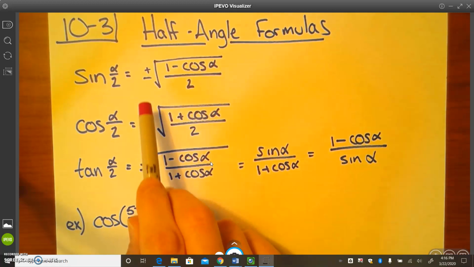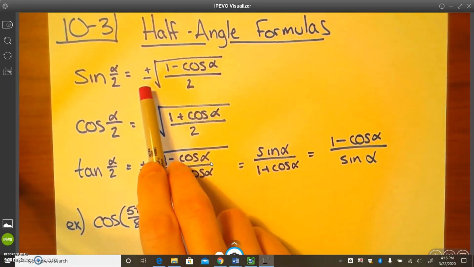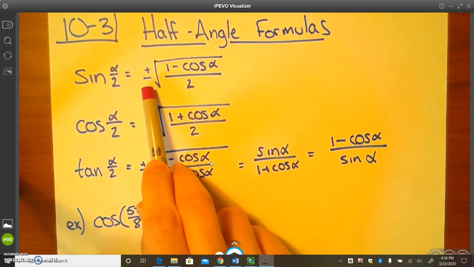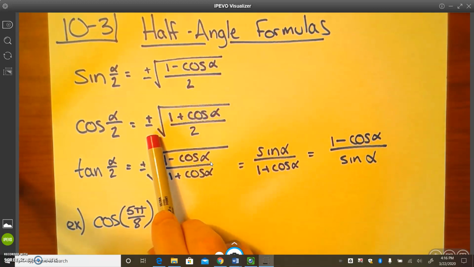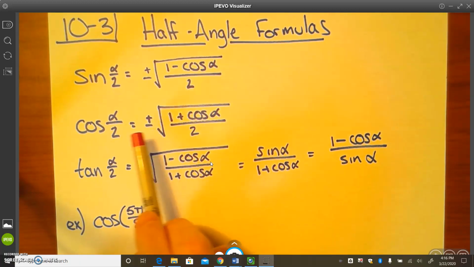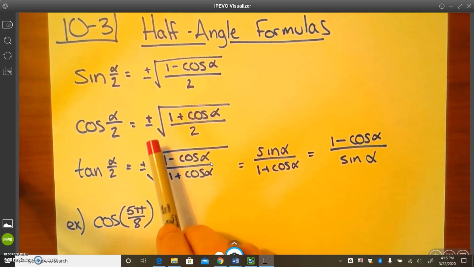You'll notice, obviously, sine of half of alpha. We have this little plus minus symbol, and I'll talk about that when we actually get to this example down here, because it also pops up in cosine, and tangent. And that is dependent on the angle. And I'll reference that in a second.